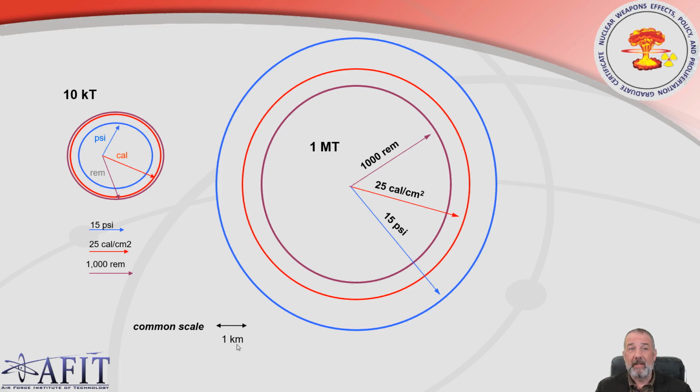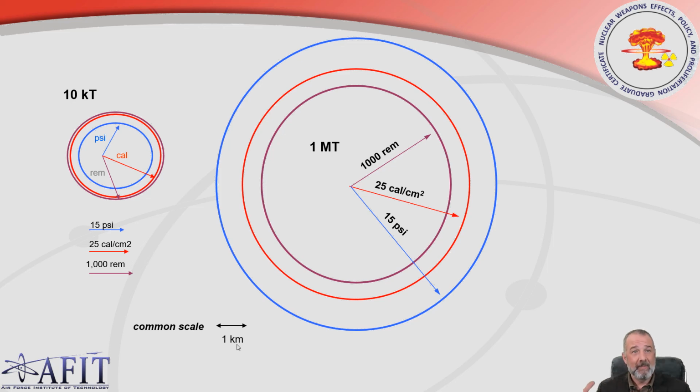Now, you would expect this, but what you probably wouldn't expect is that for a small device, the furthest of the significant effects is the prompt radiation exposure, which goes out just a tiny bit past the radiant exposure. We'll call it a critical limit, for lack of a better term. And we'll see that 1,000 rem is a very significant dose.